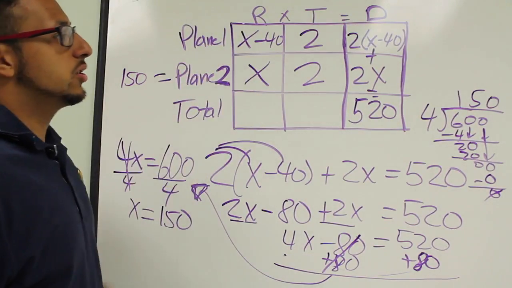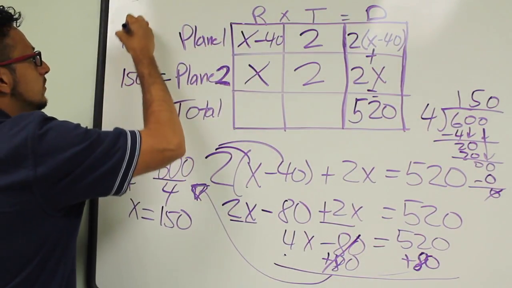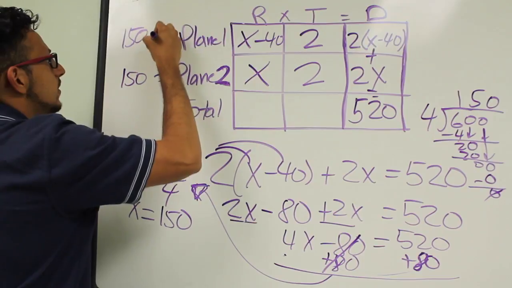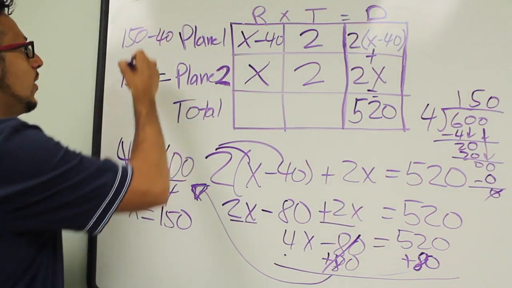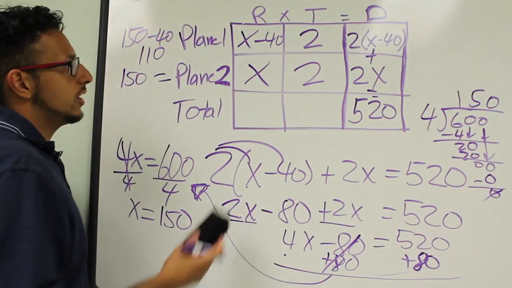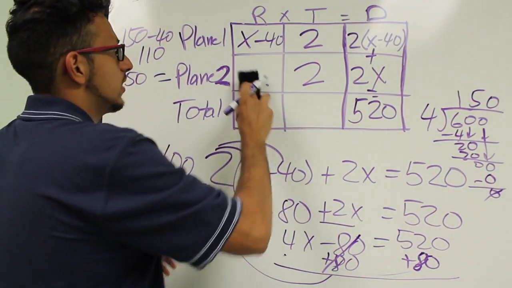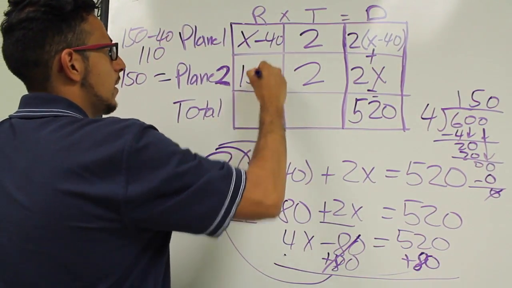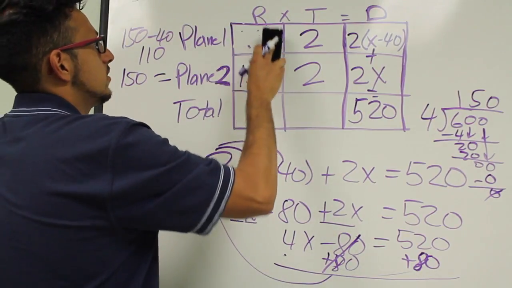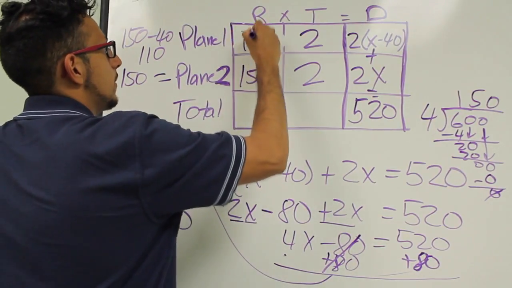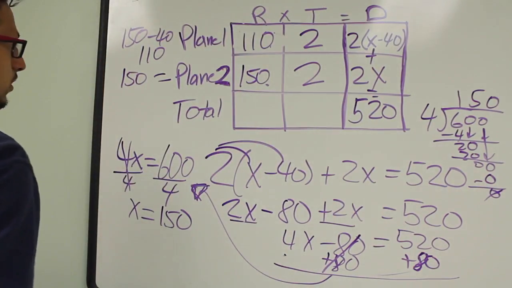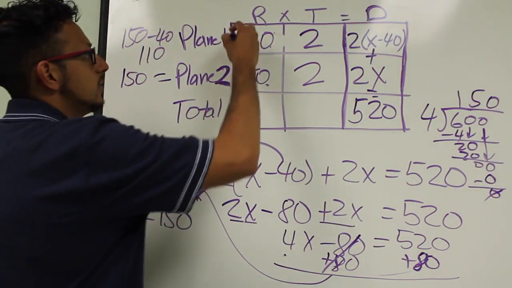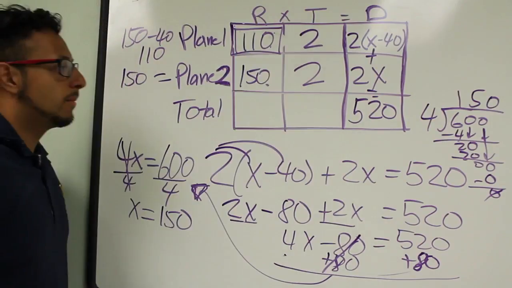But plane 1 is the slower plane, so we're looking for x minus 40, which is 150 minus 40, which is 110. So here we can replace this with the information we have. This is 150, and this is 110. So the answer to the problem is 110 miles per hour.